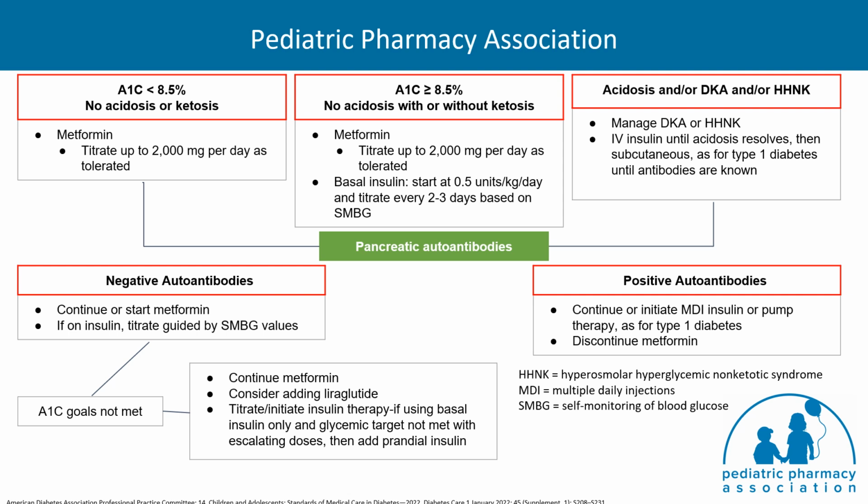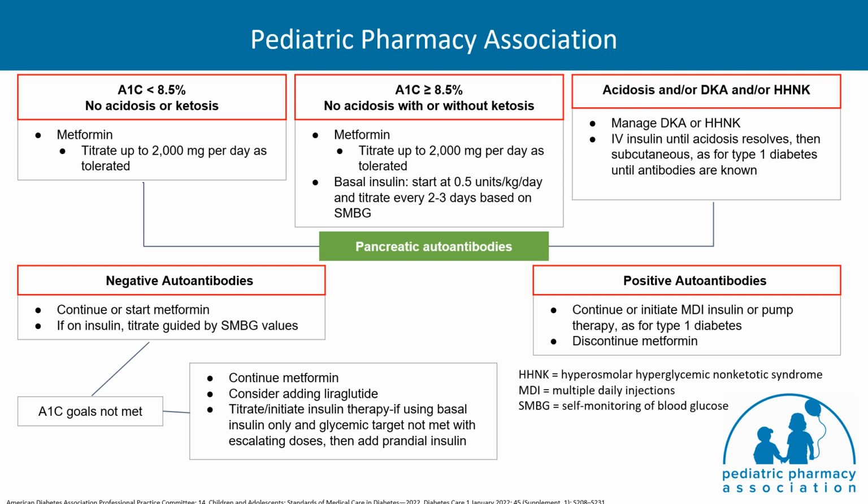Finally, for those patients that do have acidosis and are presenting in either diabetic ketoacidosis or hyperosmolar hyperglycemic non-ketotic syndrome, we want to manage that ketotic state and start IV insulin until the acidosis resolves. Then we can convert to a subcutaneous formulation, but we're going to continue on an insulin regimen until we've ruled out type 1 diabetes.